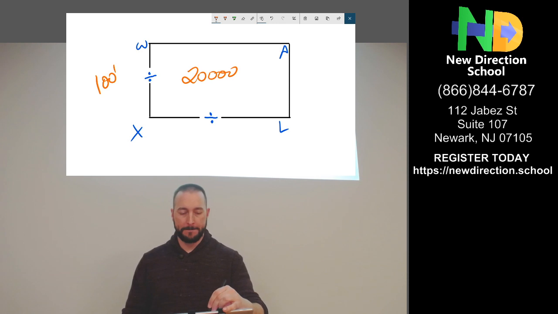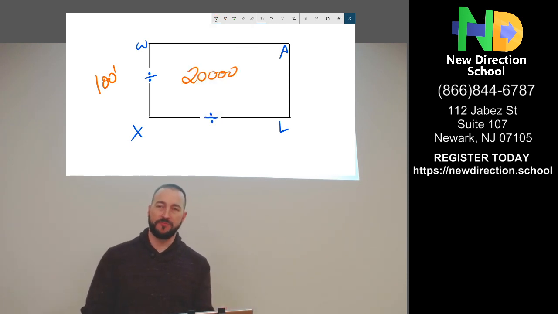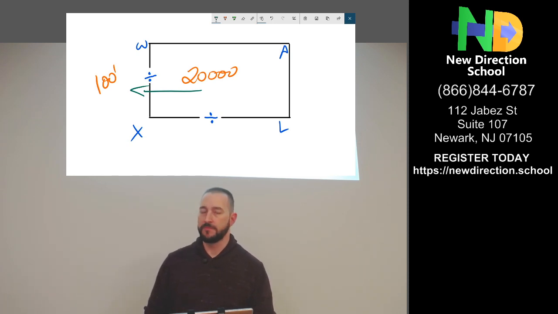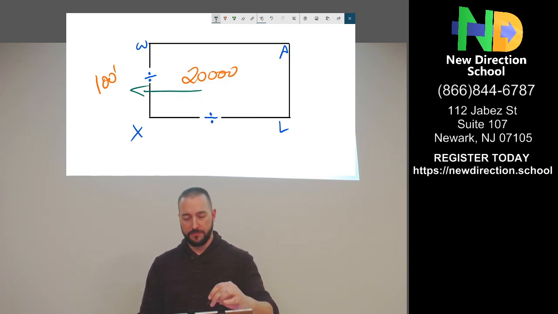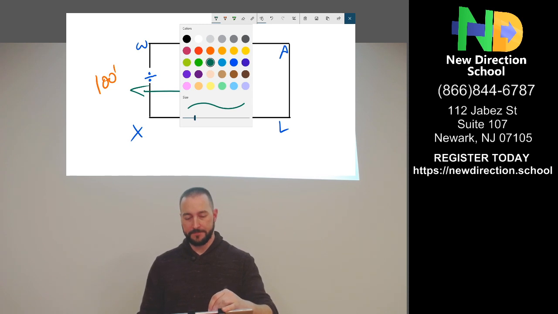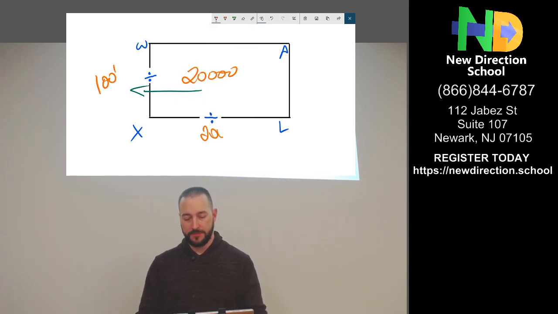We divide the inside number by the outside number. And that's going to give you 200.